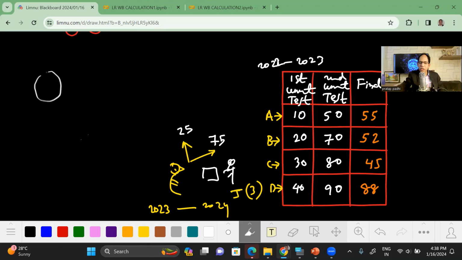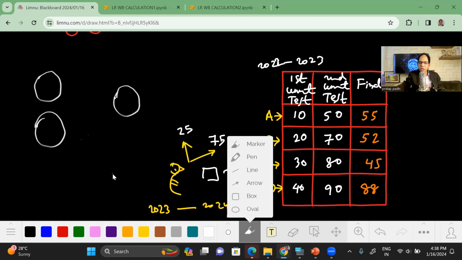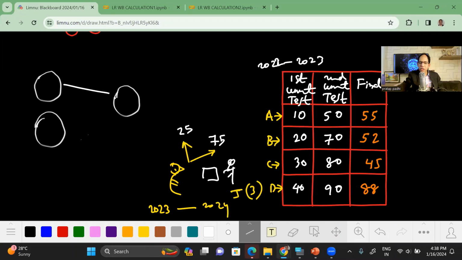I have two inputs now, and I have one output. So now what will the neural network do? There is a connection from this to this. How can I connect? I can connect this way. I will connect this to this.